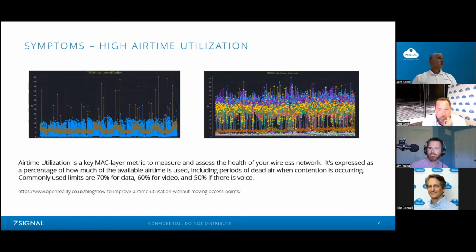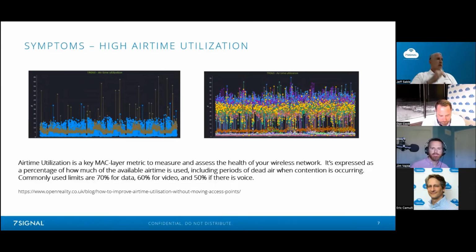On the left-hand side, the majority of airtime utilization is about 15%, below 20%. There's a couple of spikes, but nothing that looks terribly problematic. On the right-hand side, there's a range. You can see there's APs or service areas that may be down in the 5% range of utilization, which is great.